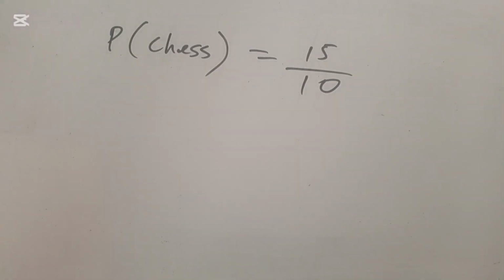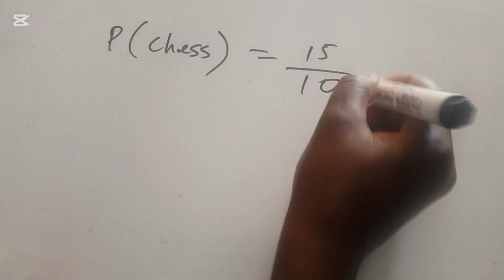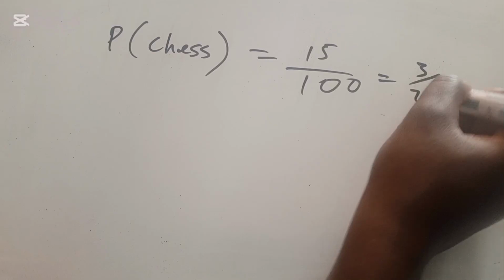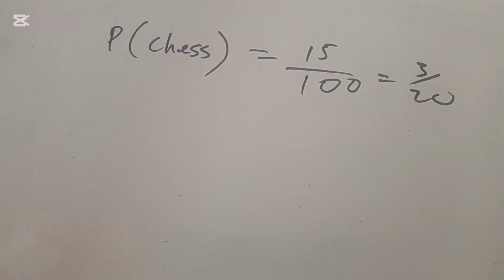So your answer is 15 over 100. You divide by 5, you have 3 over 20. So that is the probability that a student picked at random is in chess club.